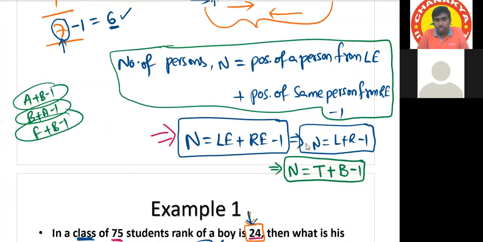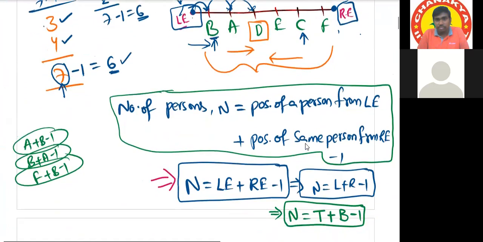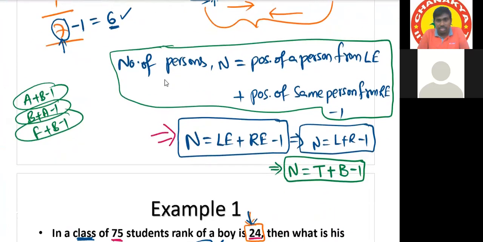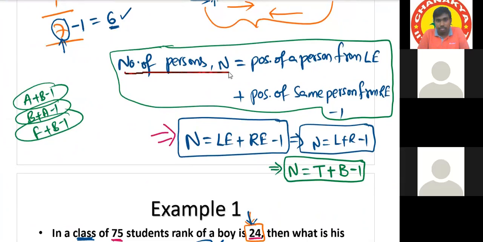Coming to the basic equation, how to find the number of persons in a row or in a line? Position of a person from left hand plus position of the same person from right hand, minus 1. Why are we doing this minus 1?